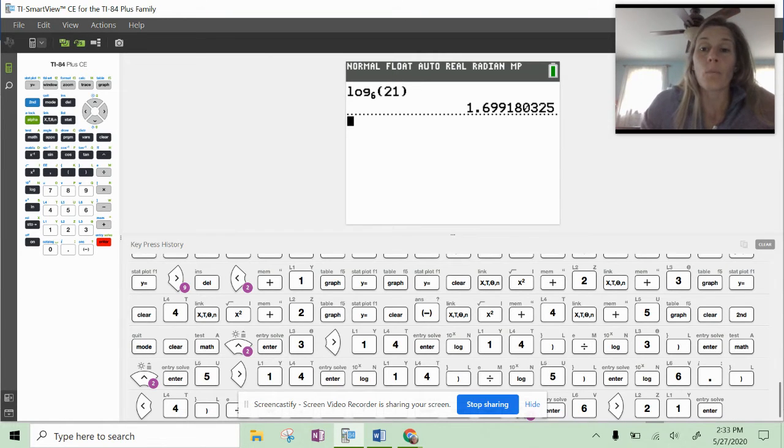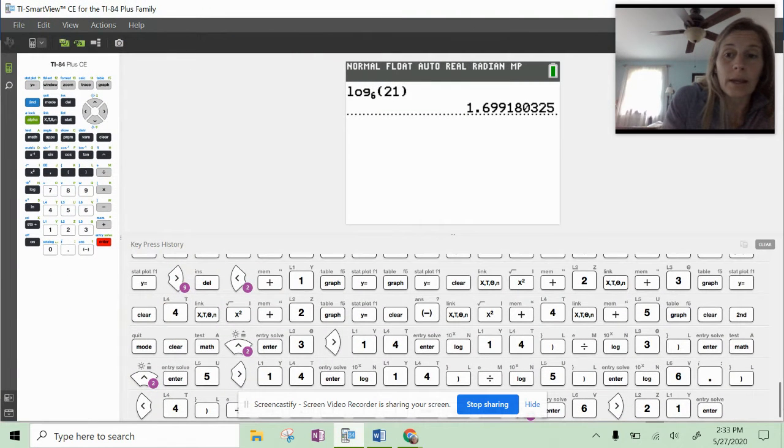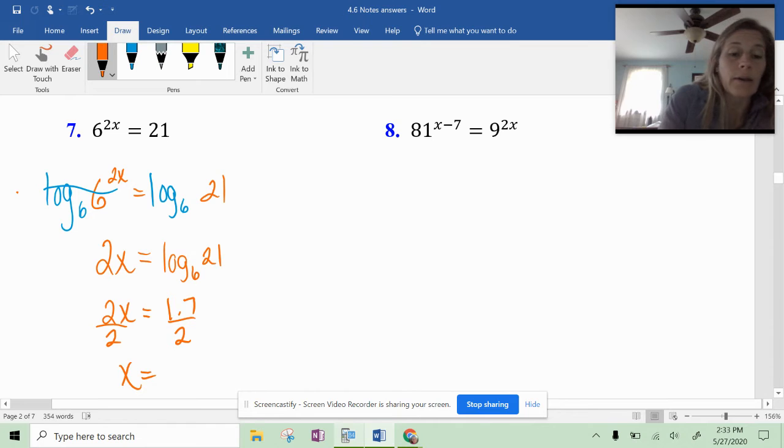And 1.699, I'm going to round that to 1.7. And then, of course, we're going to divide that by 2. So I can actually just leave my answer in the calculator, divide it by 2, and I get 0.849, which rounds up to 0.85.